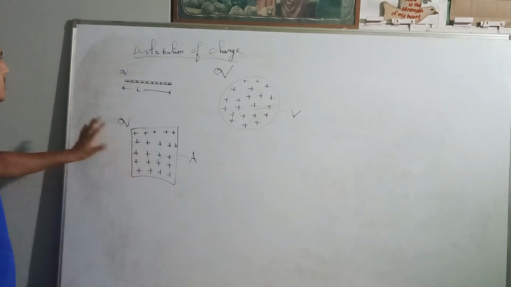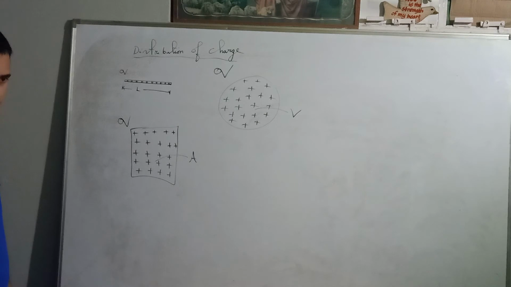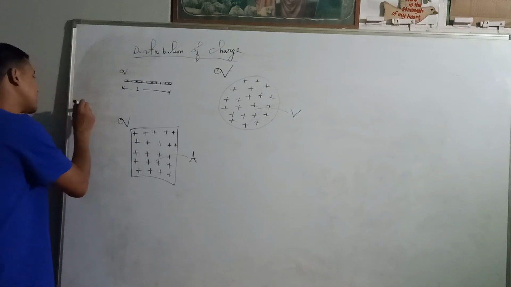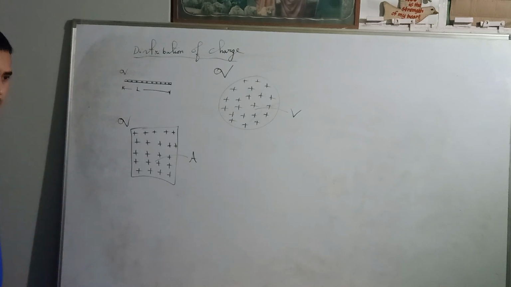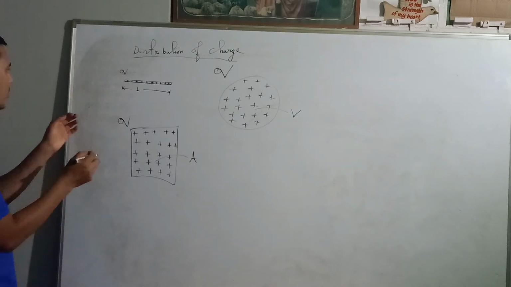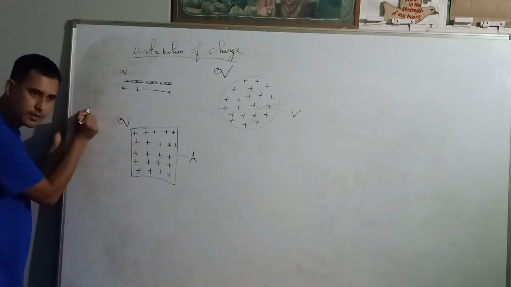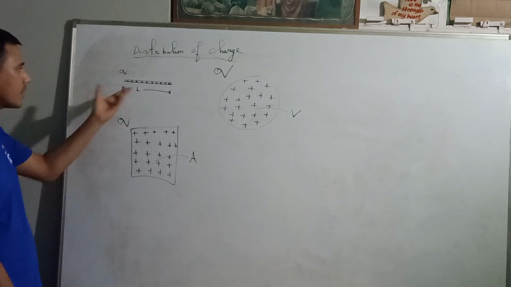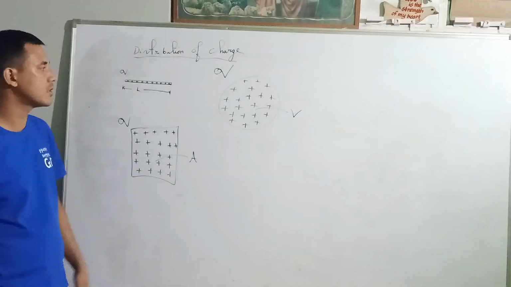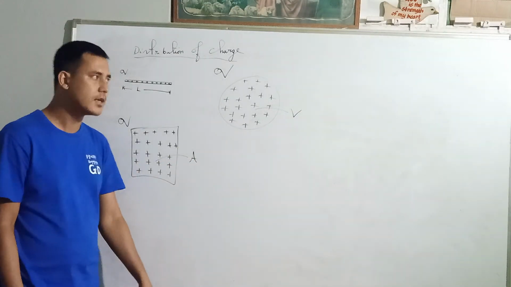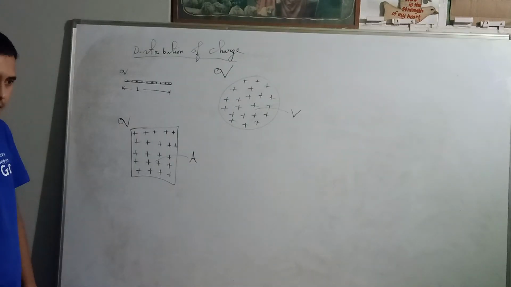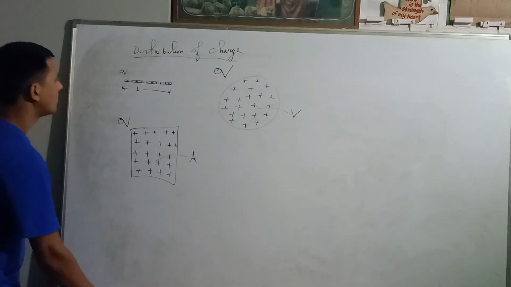So this is how distribution of charge takes place on large bodies. Till Coulomb's law and the principle of superposition, we were discussing only point charges, so all the charge is accumulated at one point. But when we talk about larger bodies, one-dimensional, two-dimensional, three-dimensional, this is how charges are distributed. Are you getting me? Yes.